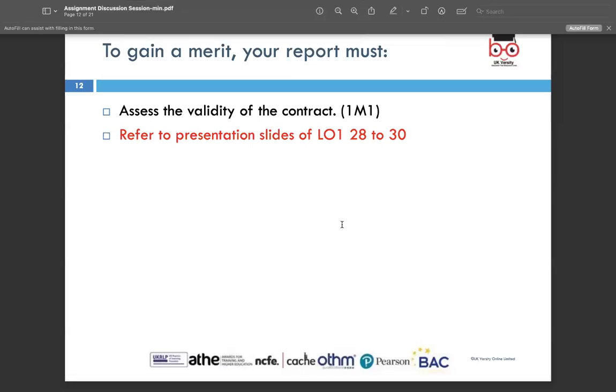So, to merit your report, assess the validity of the contract. Refer to presentation slides. Agreement: discuss whether a clear offer and acceptance were present. Consideration: analyze if the promise to pay, how much was it?